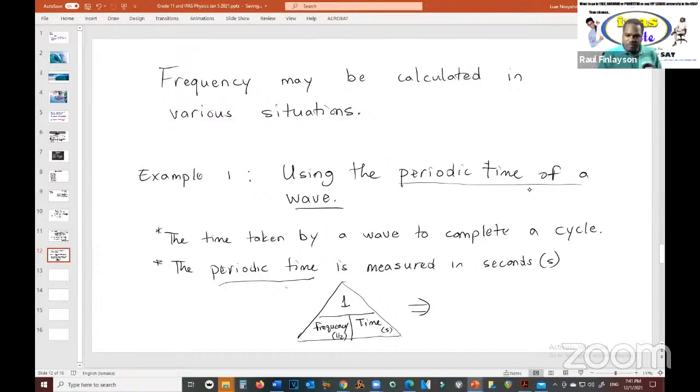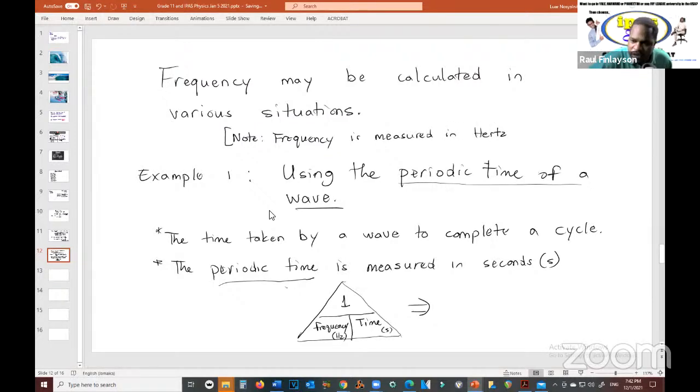All right. Frequency is measured in hertz.